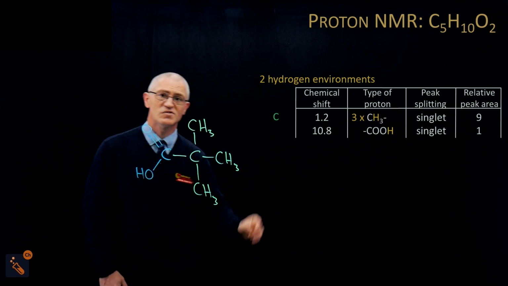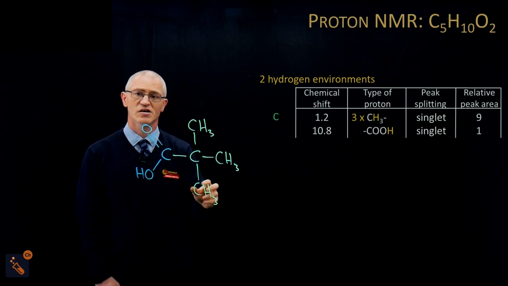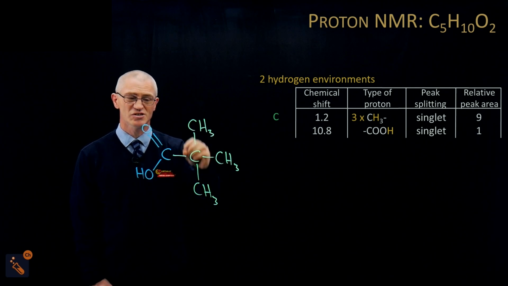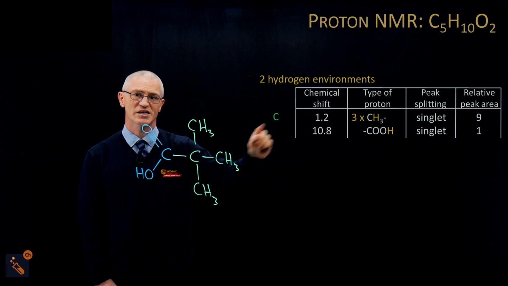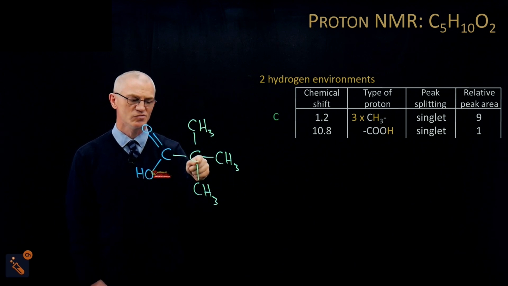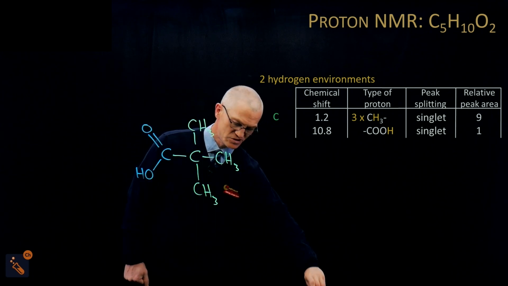So we've taken our 2 groups, we've taken our 3 CH3s. Because of symmetry, they all come out in the same hydrogen environment. And because of our relative peak area of 9, we worked out that there's 3 CH3s there. We had a spare carbon, we stuck it in there, and we had our carboxylic acid. Let's just finish off.